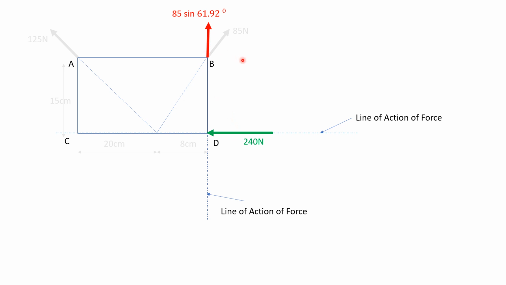See, this force component will pass through point B like this along its line of action, and it will have a perpendicular distance of this much, that is 28 centimeters from point A. And this force will pass through point C like this along its line of action, so it will have a perpendicular distance of this much, that is 15 centimeters from point A.